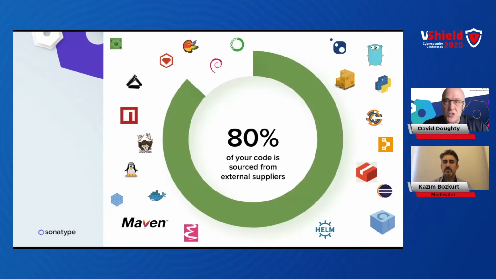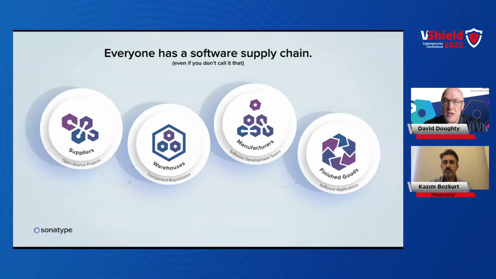Most modern applications are constructed rather than developed from scratch, which means that most are made up of 80+% of code that's sourced from external suppliers, whether that be from Maven Central, from npm.org or pypi.org, or one of the many other ecosystems available to our developers, which suggests that we have some form of supply chain in our software development, even if we don't call it like that.